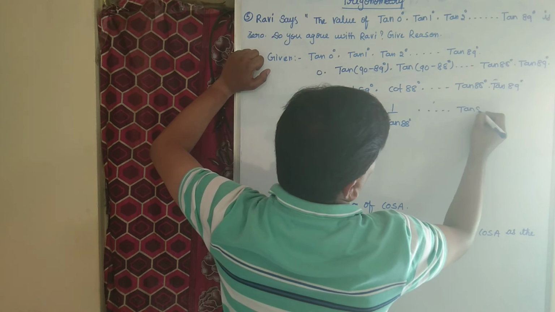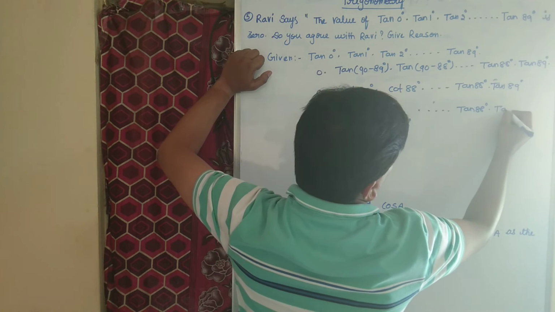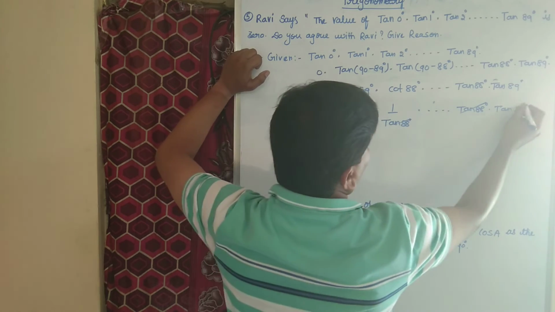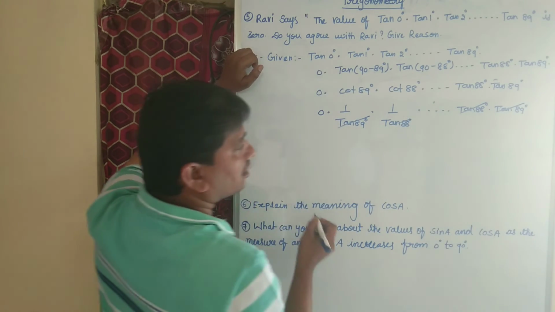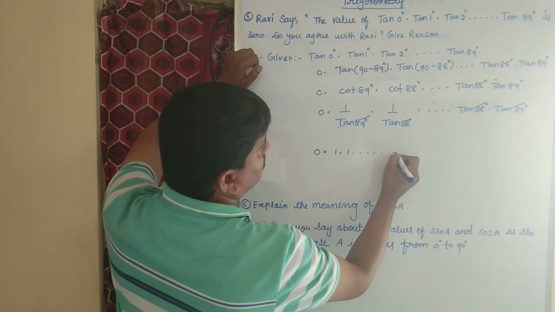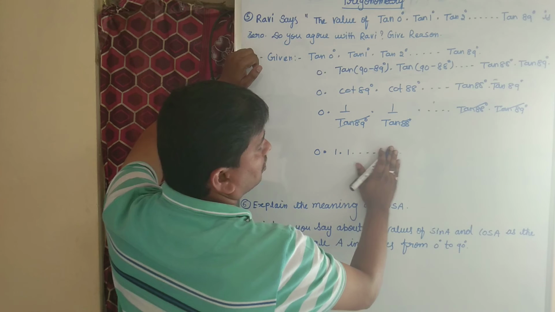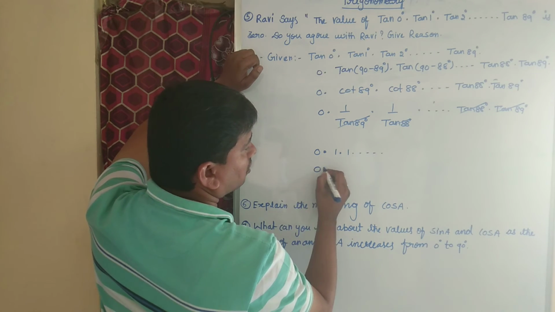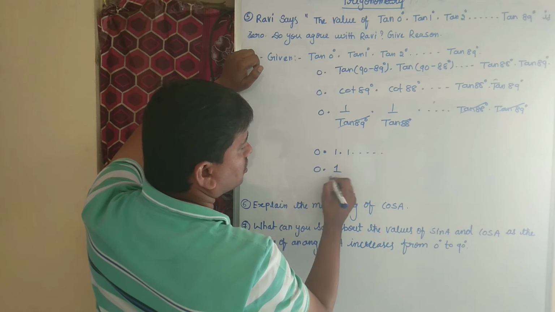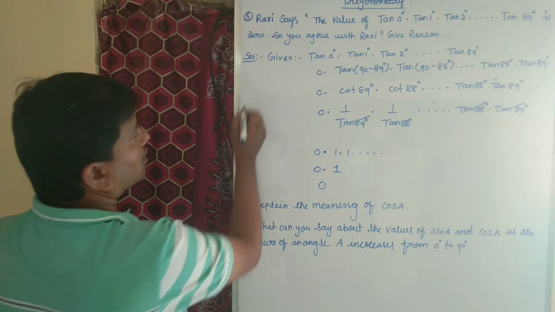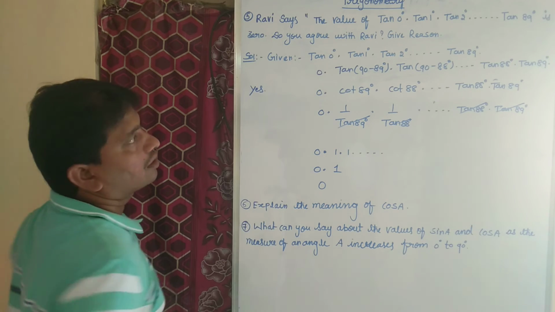Tan 88 into tan 89, tan 88 and tan 88 cancel, tan 89 and tan 89 cancel. 0 into 1 into 1 into 1 and so on. So 0 into 1 is 0. Do you agree with him? Yes, I agree with Ravi.